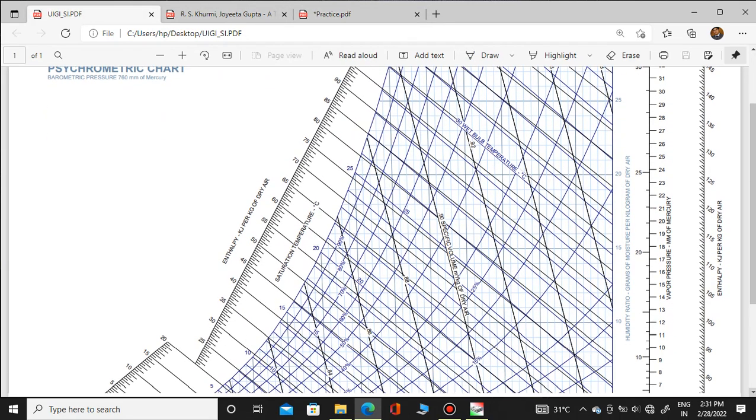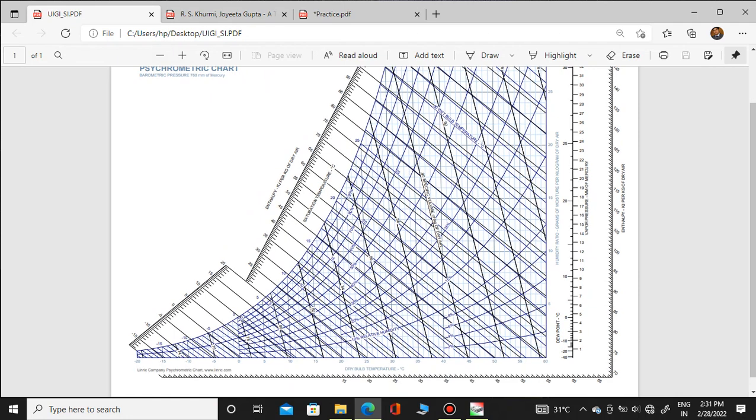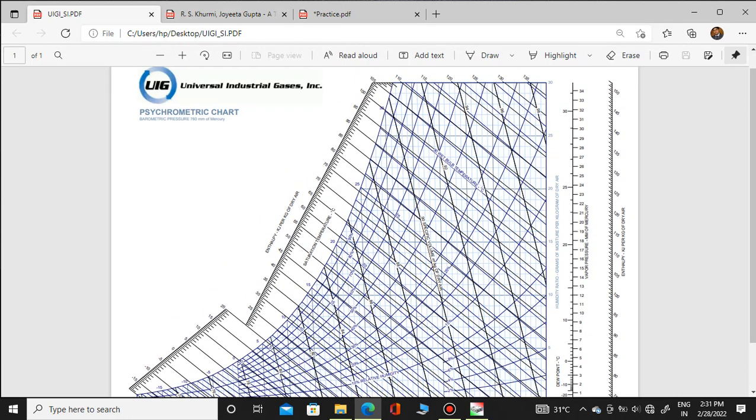So suppose we have air, and here we have this point 1.